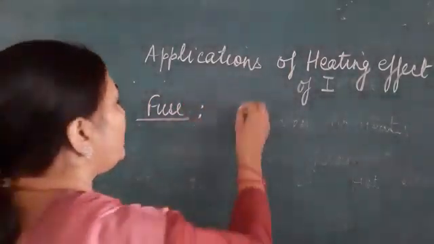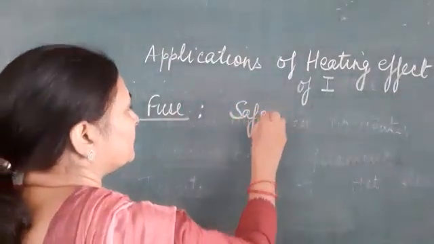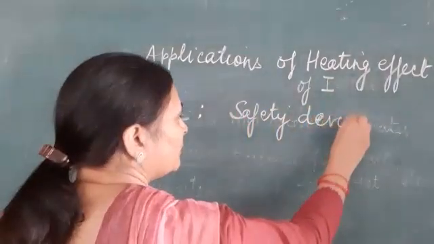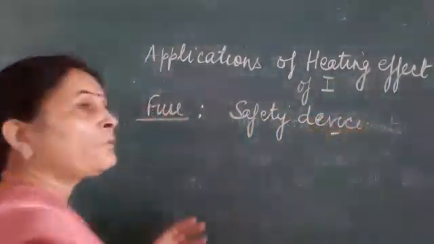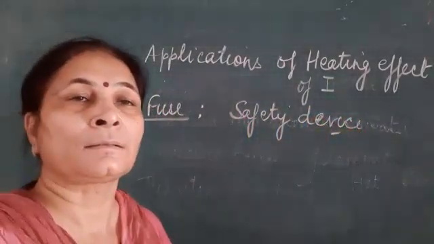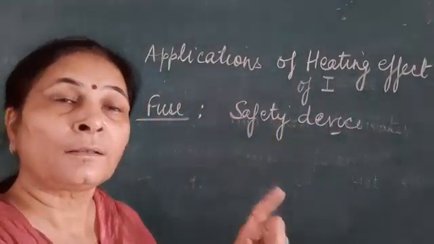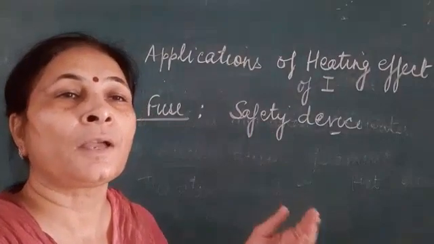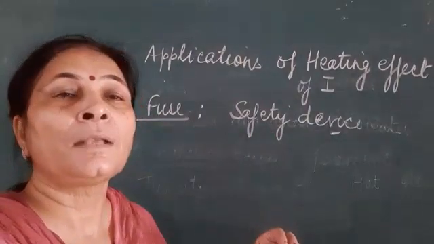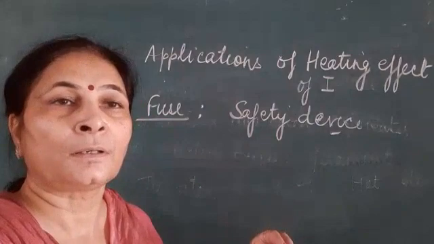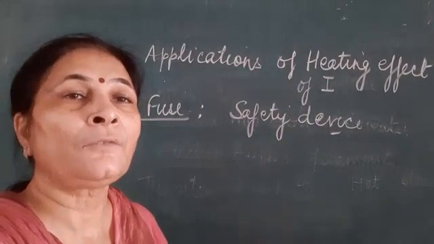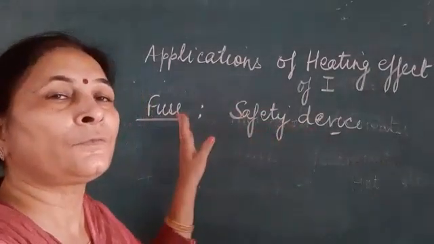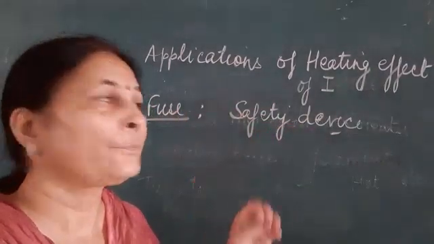It is a safety device which prevents the appliances, in which situation? When there is high current in the circuit. Because of high current, sometimes the appliance will develop a fault. So to avoid that fault in the appliance itself, a safety device known as fuse is used.